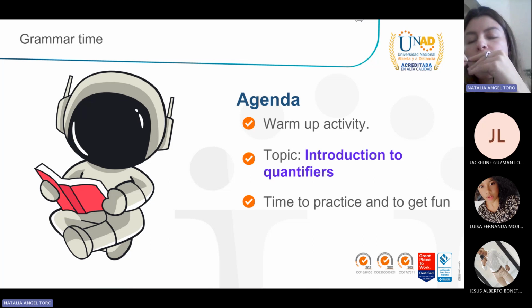After that, we are going to introduce the topic. The grammar topic for today is quantifiers. And after that, we are going to develop some exercises about the topic.